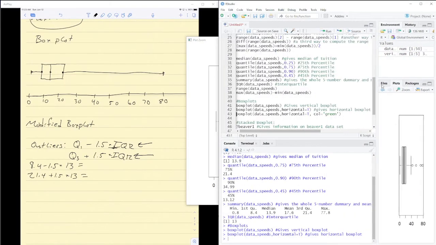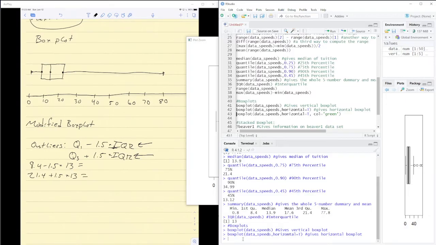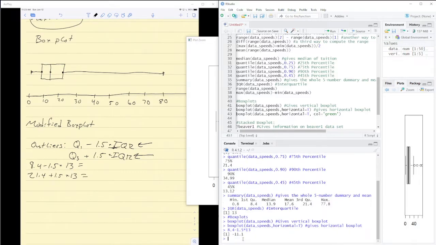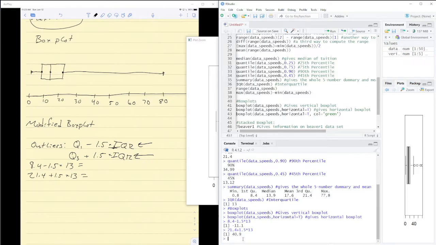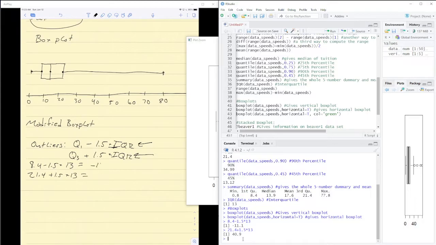I'm just going to use R to calculate this real quick. 8.4 minus 1.5 times 13. Okay, and I'm going to hit the up arrow. When I'm down here, I can hit the up arrow to edit that, or to redo it. 21.4 plus. So anything less than negative 11.1 and anything bigger than 40.9 will be considered an outlier.